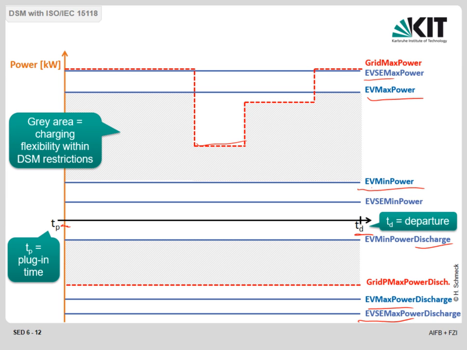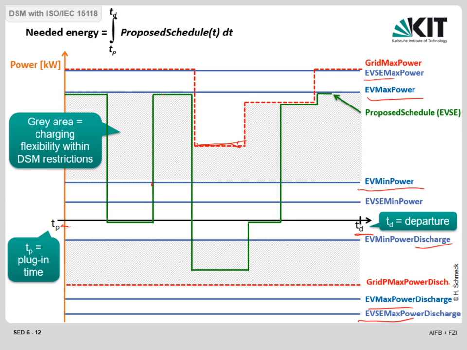So this is now taking all the restrictions: the restrictions from the vehicle and from the supply equipment, and the restrictions from the demand side, from the distribution system operator. And now you have to see how you can put in a schedule for the recharging. Now this can look as follows.